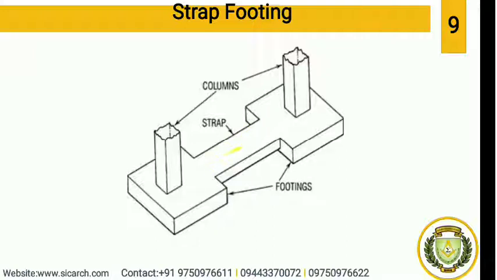This strap beam does not remain in contact with the soil, and it does not transfer any pressure directly to the soil. It will just transfer the load from one column base to the other column base. Next, this column base will transfer the load to the ground.